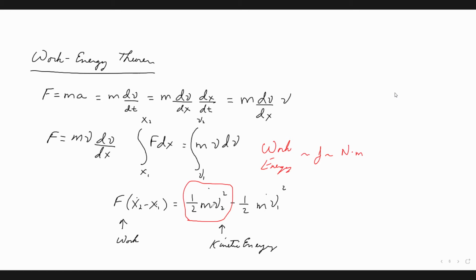You could also write it, looking at this term, if you wanted to, as a kilogram meter squared per second squared. That's the same thing as a Newton meter. And we call that a joule. I'll spell it for you. Joule, for James Joule. Okay.